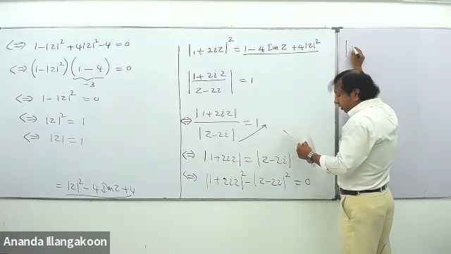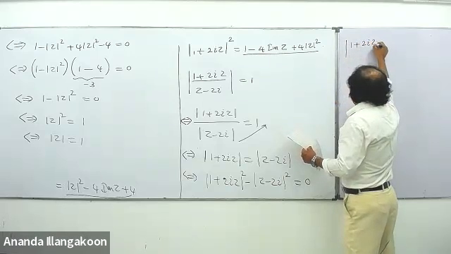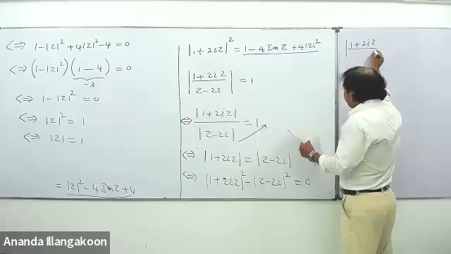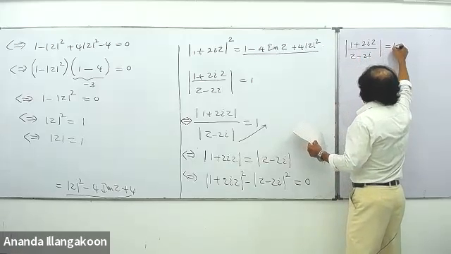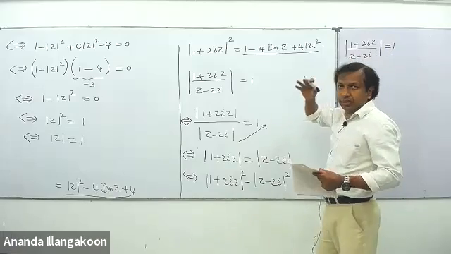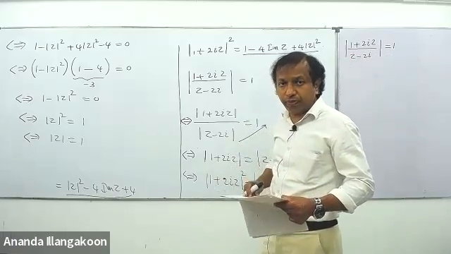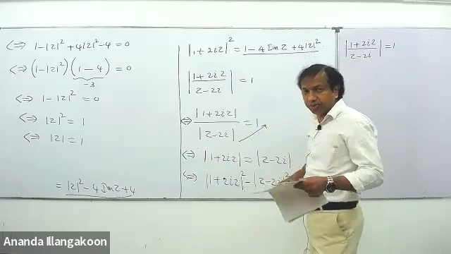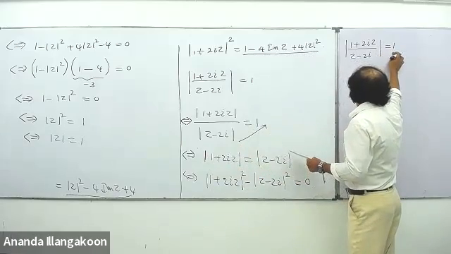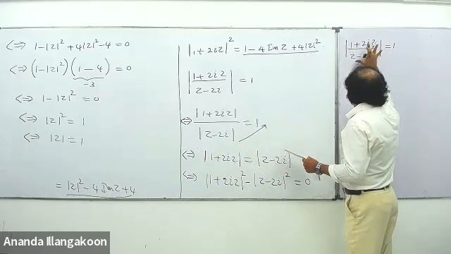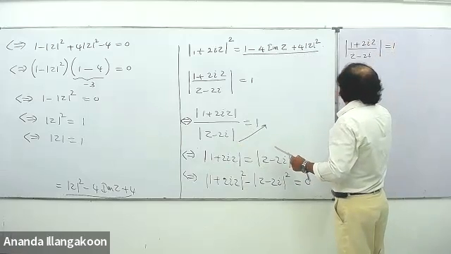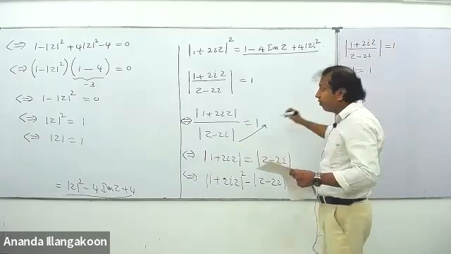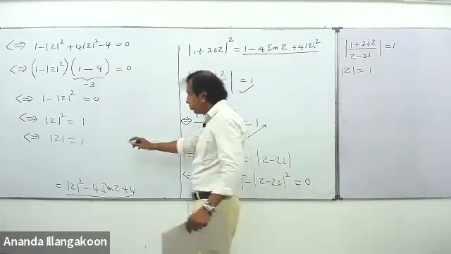First one is the condition: modulus of (1 plus 2i) z divided by (z minus 2i) should be equal to 1. Our complex number, we need to find, should satisfy this. People, when this is satisfied by a certain complex number, it means mod z equals 1. Why? We proved that, no? If this happens, we got the answer this way.